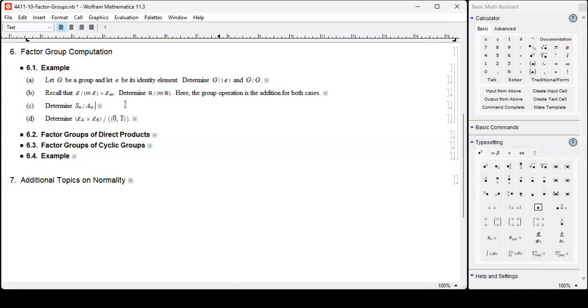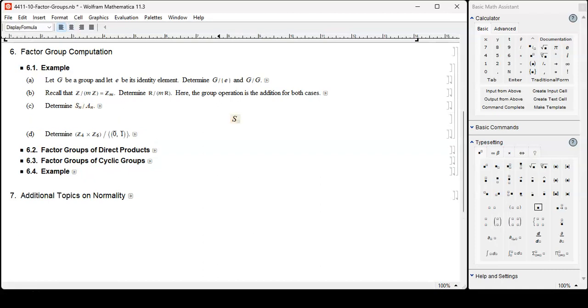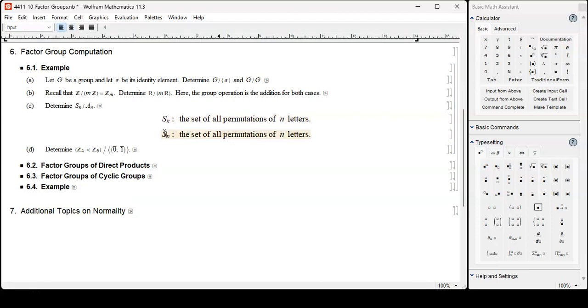Now let's go to part C. Determine Sn over An. Remember, Sn is the symmetric group, the set of all permutations of n letters. And then An is the alternating group, the set of all even permutations.